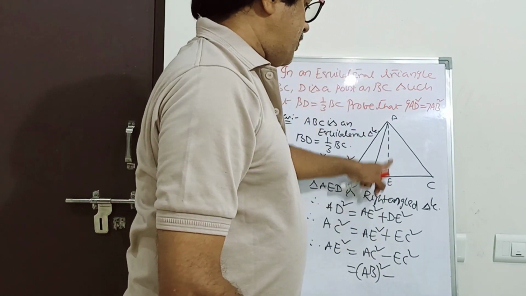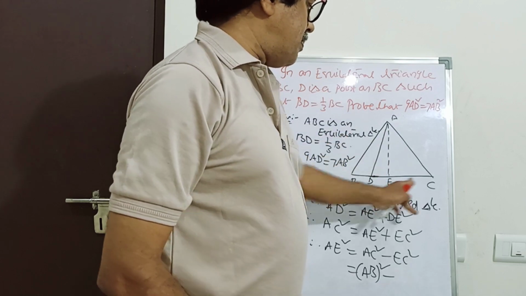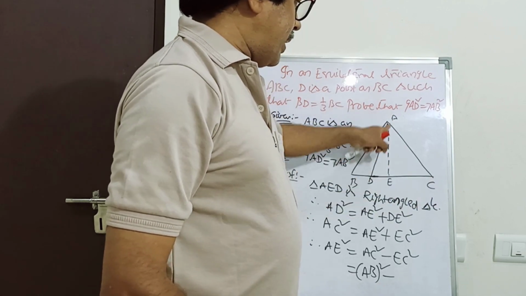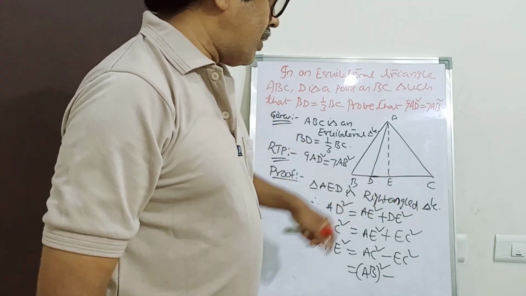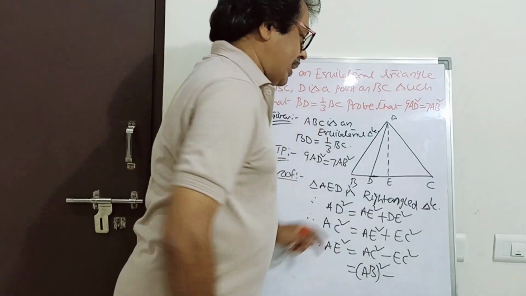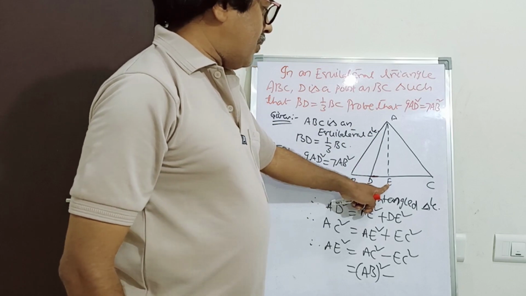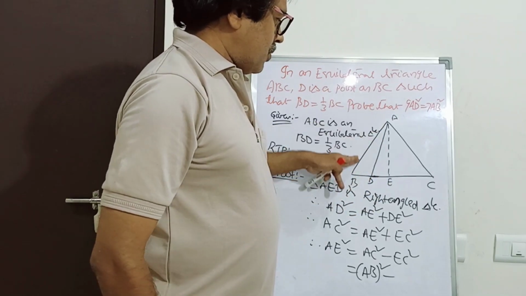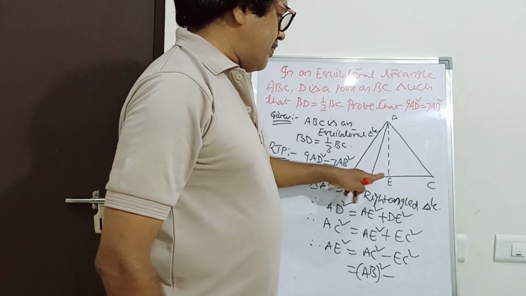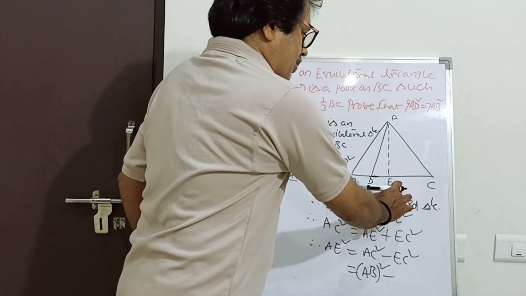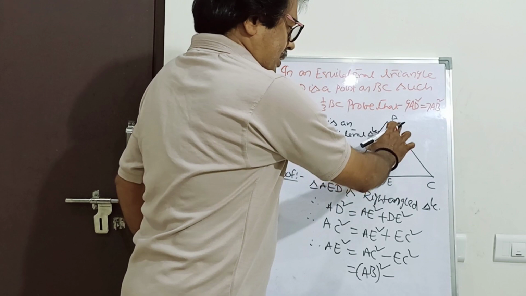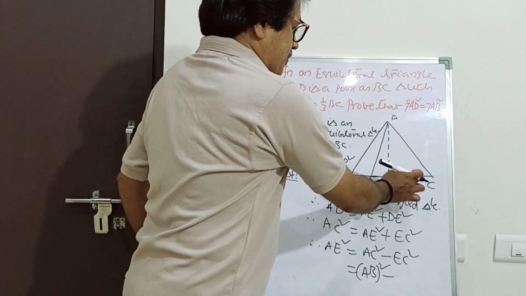EC is half of BC, because it is a perpendicular drawn from the vertex to the opposite side. It divides the opposite side into two equal parts. Therefore, BE is equal to EC, so this is half of the side, a by 2.